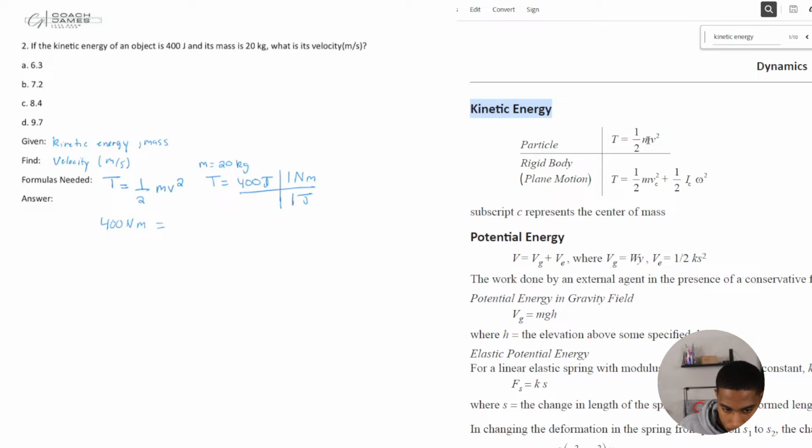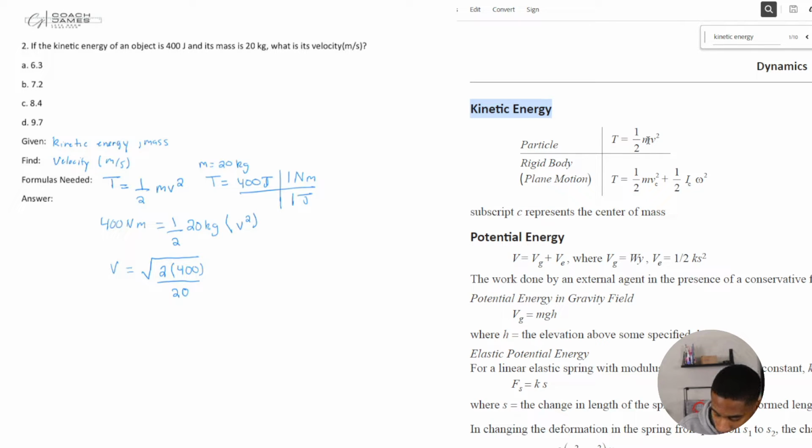Is equal to 1/2 times 20 kg times v squared. All right, so once I solve, v is going to equal the square root of 2 times 400, all divided by 20.